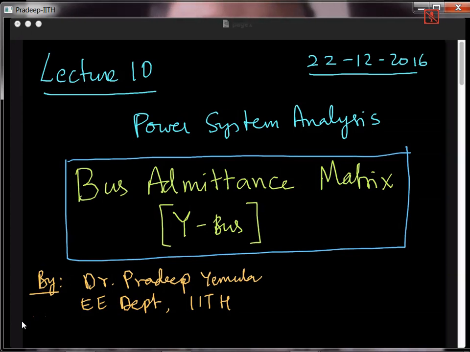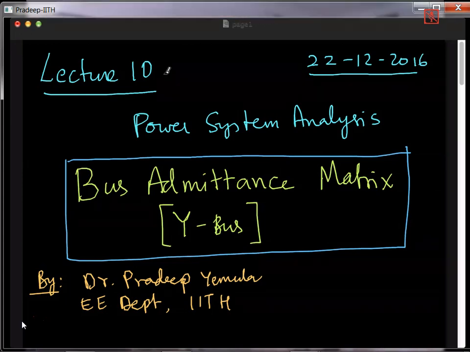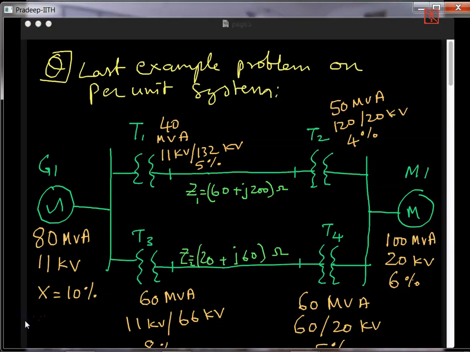If you go to the previous lecture, let me open that. Just give me a minute. On the left side, there is a generator and a bus bar, followed by two transformers, T1 and T3. The T1 transformer is connected to a transmission line, and similarly the T3 transformer is connected to another transmission line.